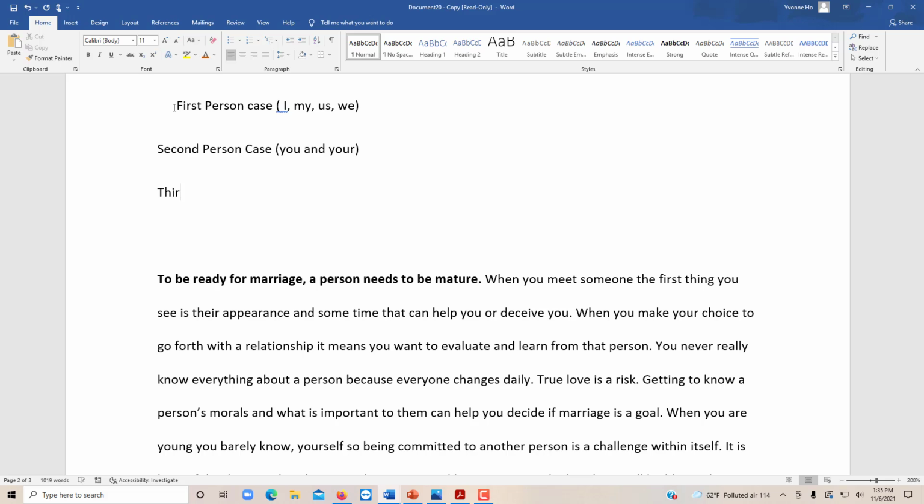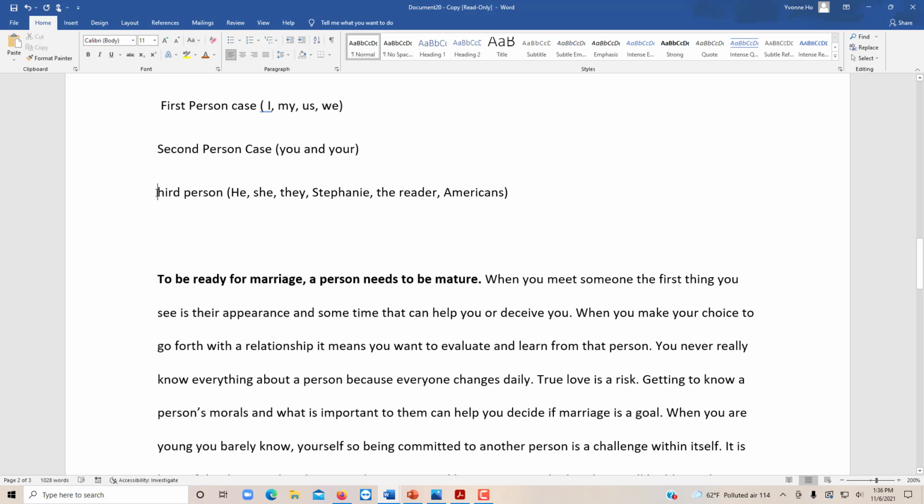And third person case is he, she, they, Stephanie, the reader, Americans. Third person case is whenever you're talking about somebody else, depending on whatever your subject is going to be. So when you write an essay, you can either use first person case, second person case, or third person case.